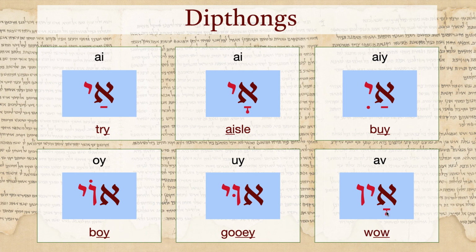And a kamatz, a yud and vav is the av sound, like wow. So these are diphthongs. Just be aware of them. I will probably create another video with examples of diphthongs in the Bible, but that's for another time. This is not difficult, basically.